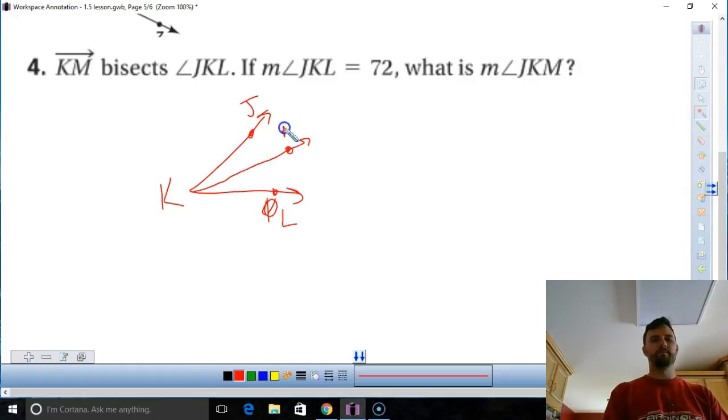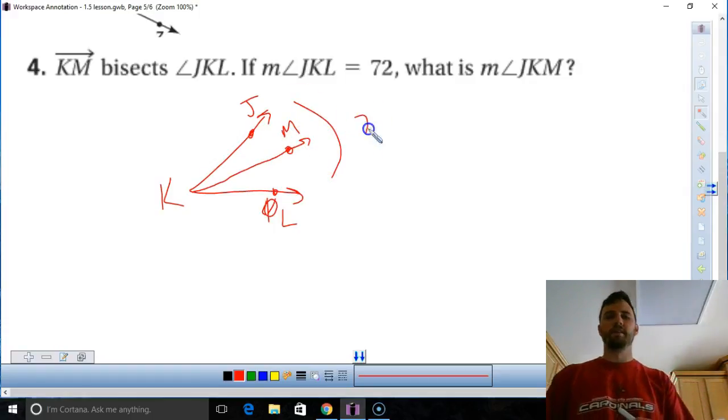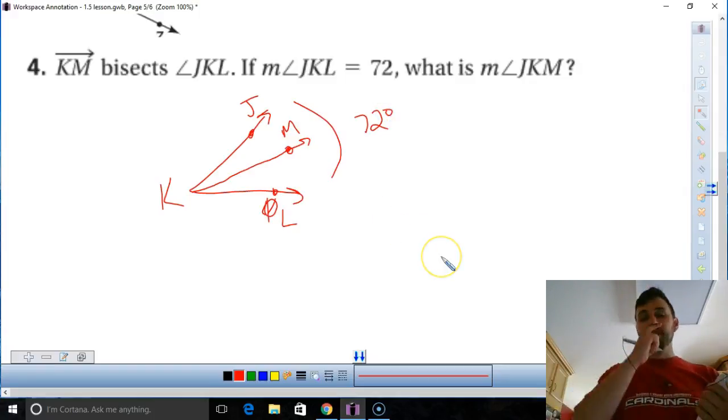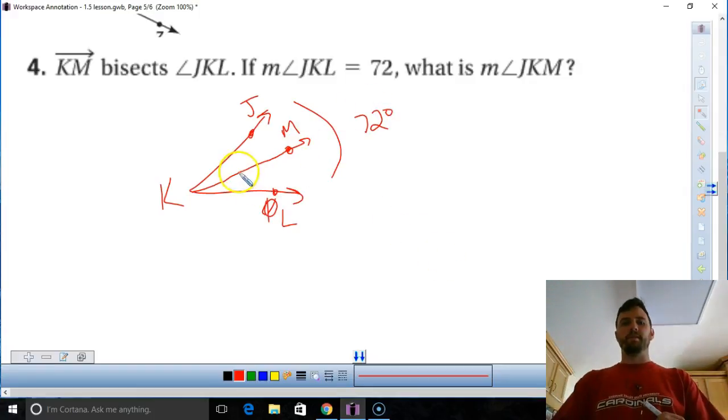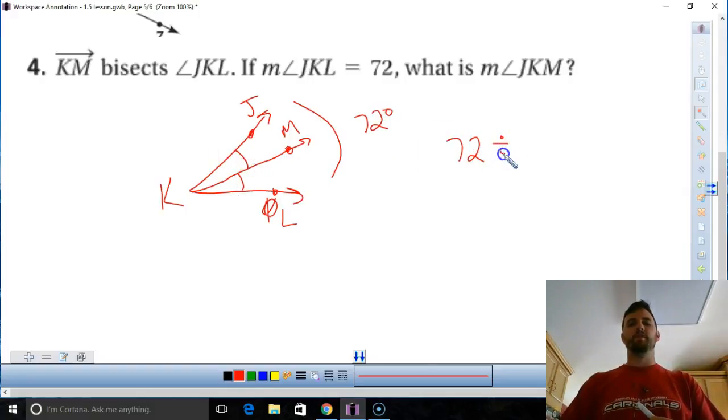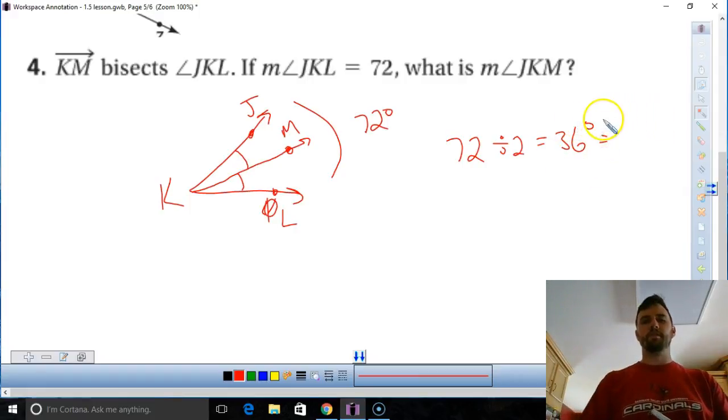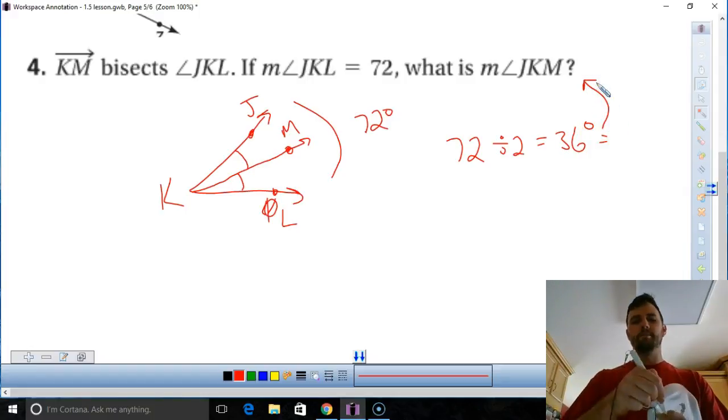The whole thing is 72 degrees. If the whole thing is 72 degrees, how do I find each part? Well, they're equal, right? So you can just do 72 divided by 2. It's 36 degrees. That's the measure of angle JKM.